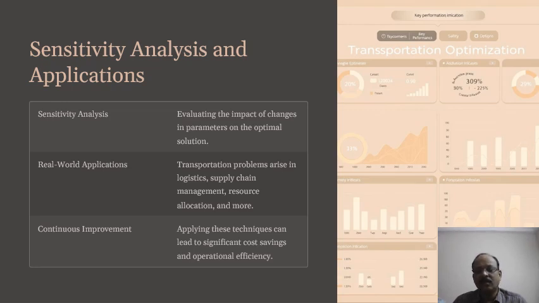And where are the real world applications? As I already mentioned earlier, transportation problems arise in logistics, supply chain management, resource allocation, and many more industries. With continuous improvement, applying these techniques can lead to significant cost savings and operational efficiency.